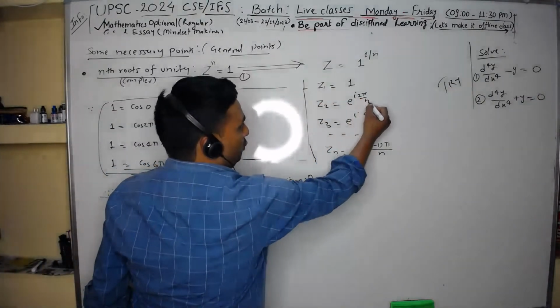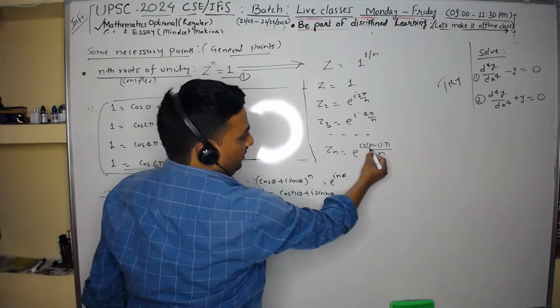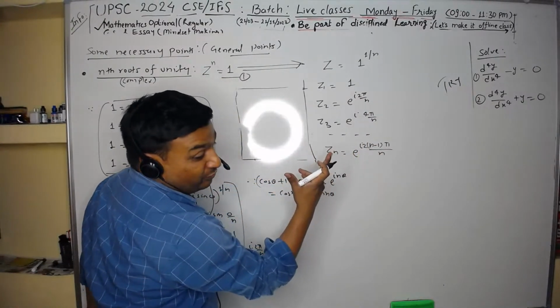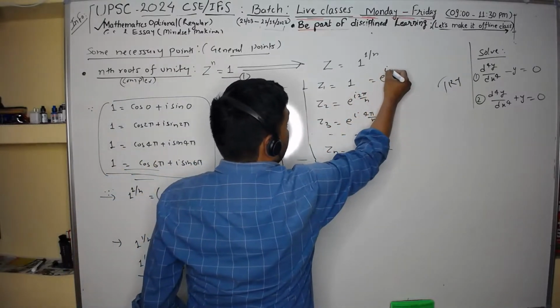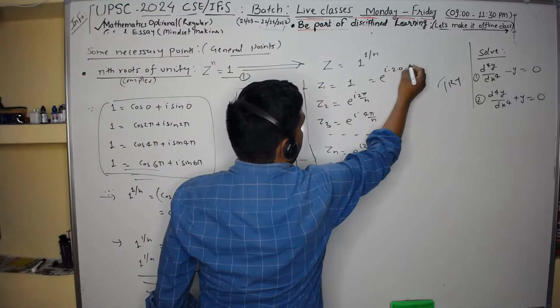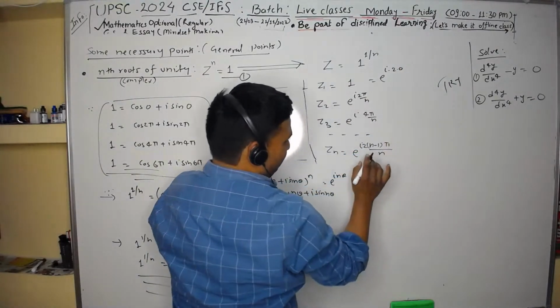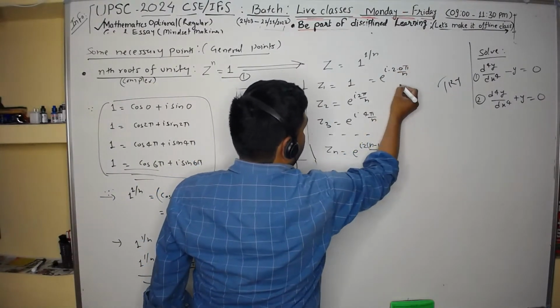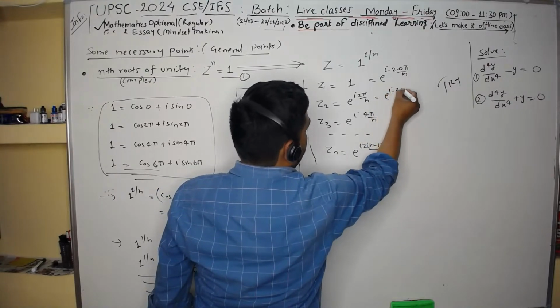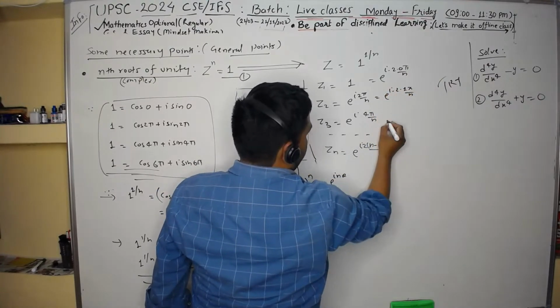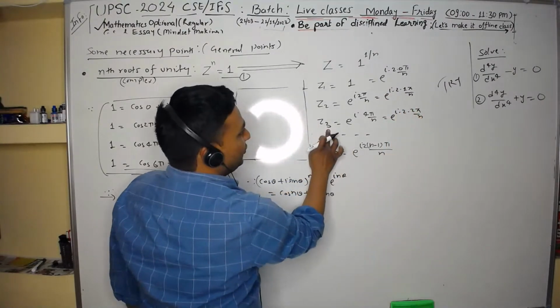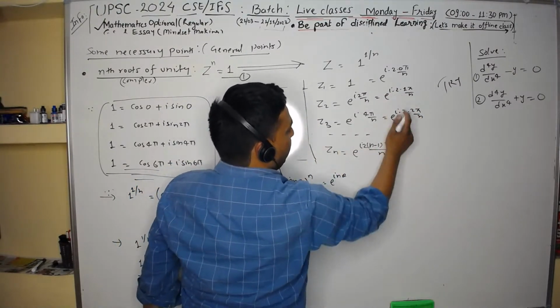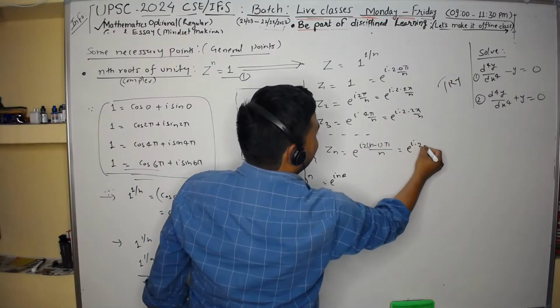This can be written as 2 into 1. This is 2 into 2. So this will become 2 into n minus 1, because 1 can be written as e raised to the power 2 into 0 pi by n. This is e raised to the power 2 into 1 pi by n. This is e raised to the power 2 into 2 pi by n. 3 में 2 आया, 2 में 1 आया, तो n में क्या आ जाएगा?